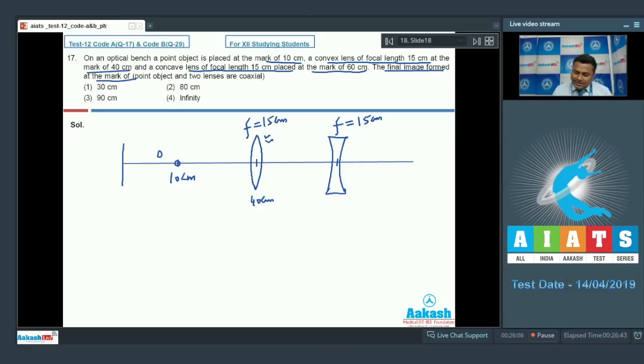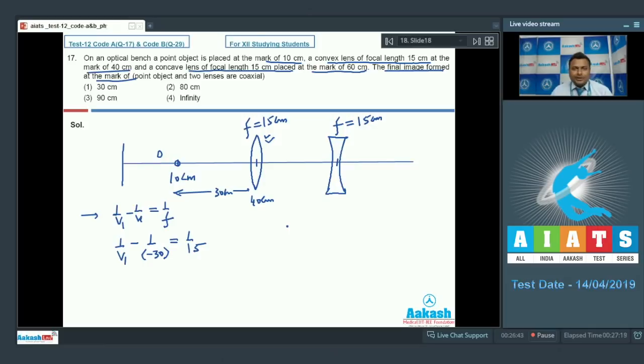First of all, let us see where the image due to this convex lens will be formed. So we can have the lens formula 1 by V minus 1 by U equals 1 by F. After putting the proper sign conventions, we have 1 by V1 minus of 1 by U, that is distance between lens and object is 30 centimeter, so minus 30, equals 1 by 15.